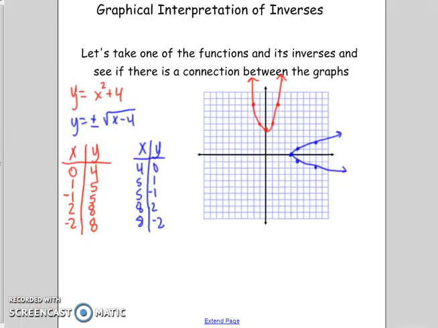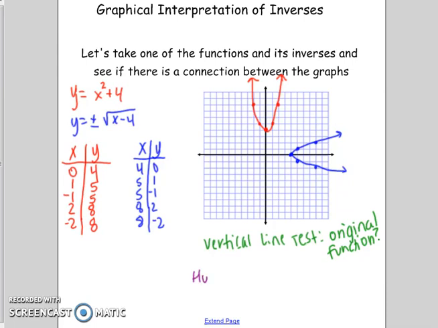So the vertical line test is going to tell me if that graph is a function. So for example, is the original a function? I can use the vertical line test.